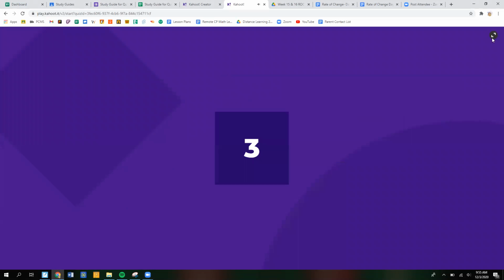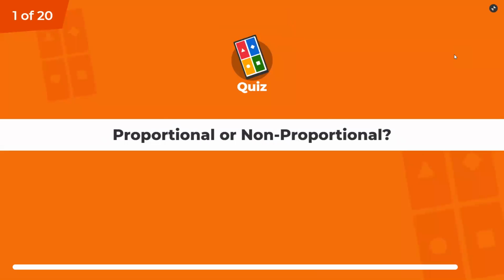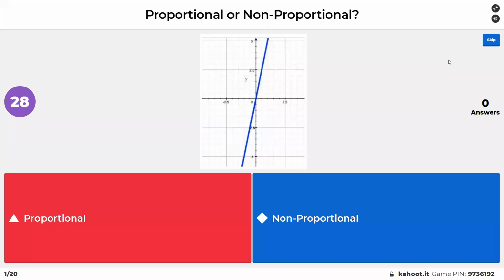All right, proportional or non-proportional? Actually, I already went over this one too.